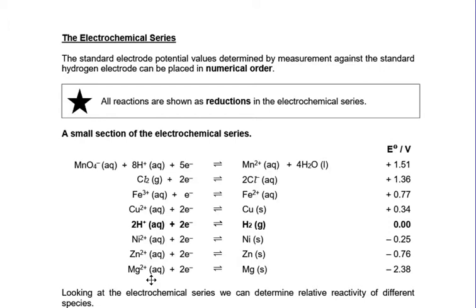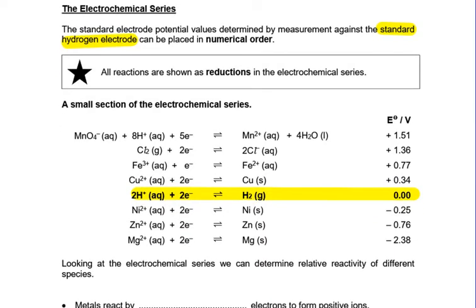So we measured a few, and we talked about how to measure them, measuring them against hydrogen. And remember that the standard hydrogen electrode by definition had the value of 0, and it's here. This is called an electrochemical series. So an electrochemical series puts the half cells in order from those that will want to undergo reduction the most at the top, there with the highest values.